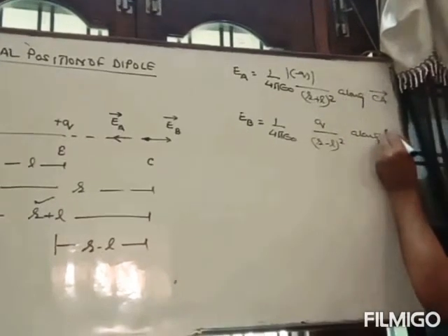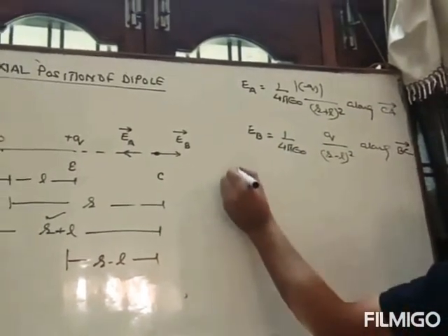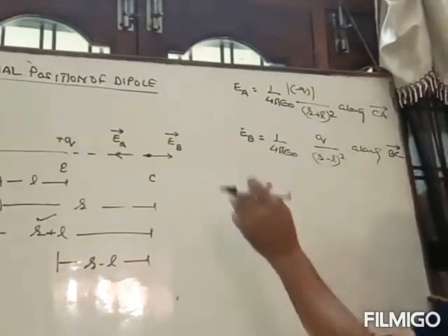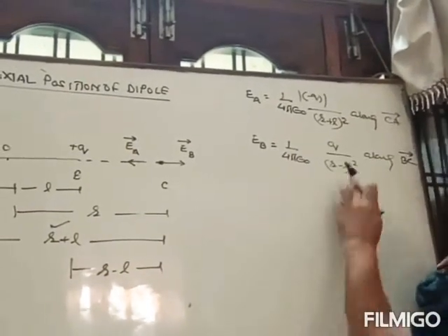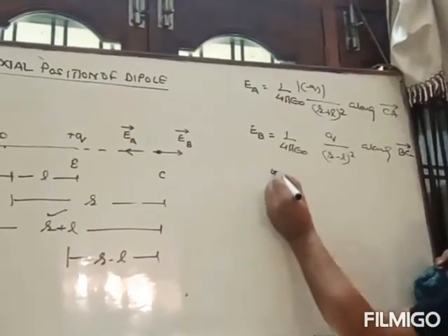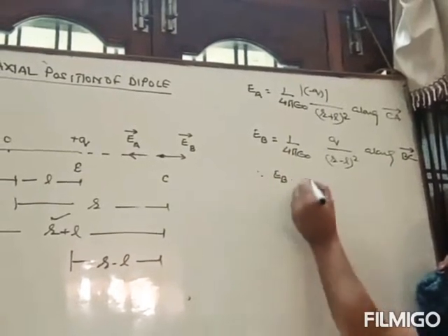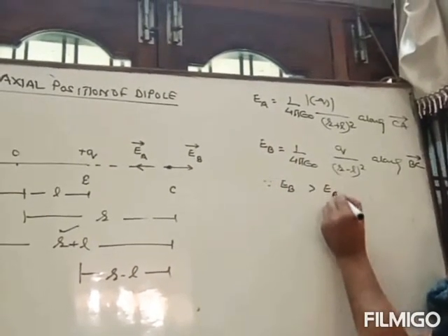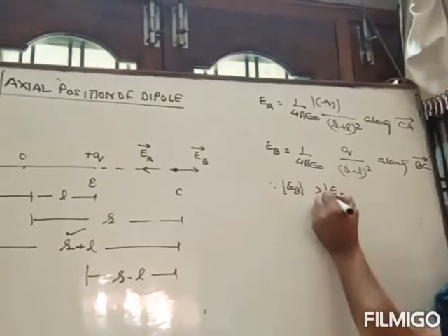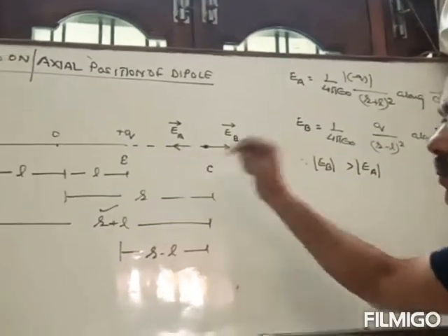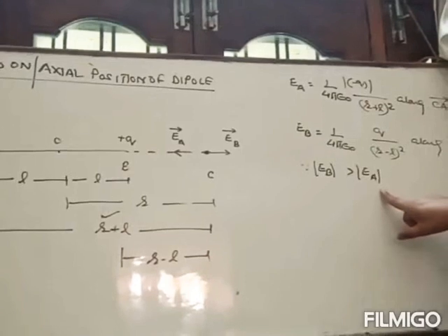Therefore, if we compare EA and EB, EB is greater than EA, because plus Q charge is closer.